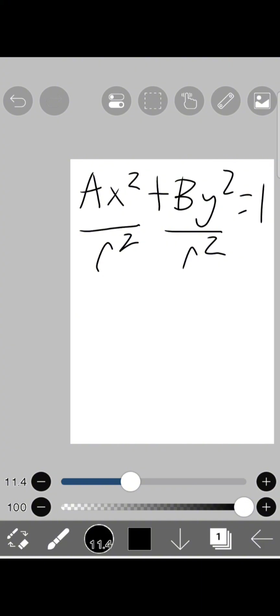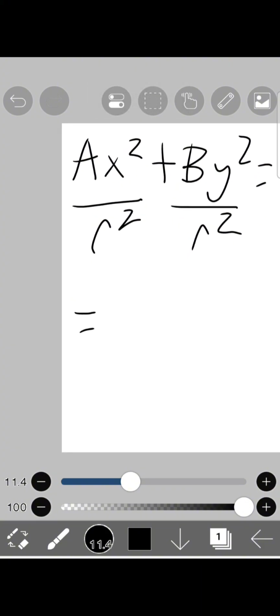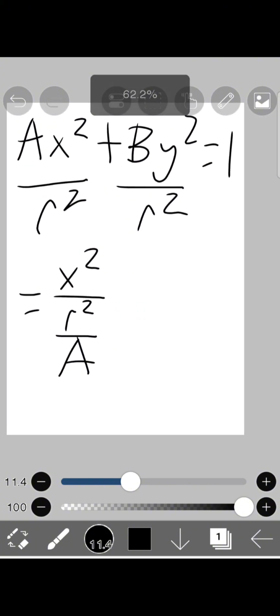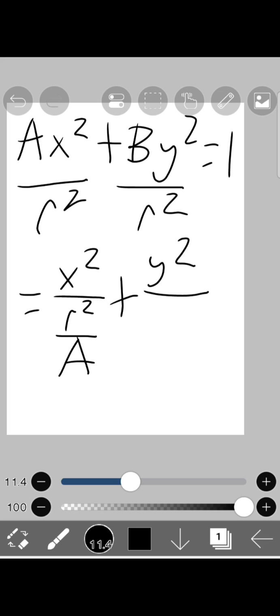But we can go ahead and write this as x squared all over r squared over a plus y squared all over r squared over b.